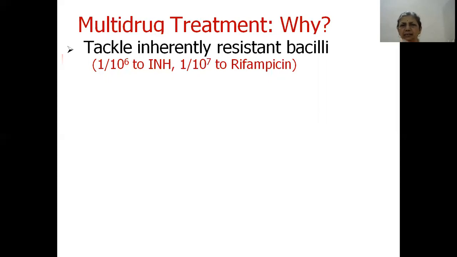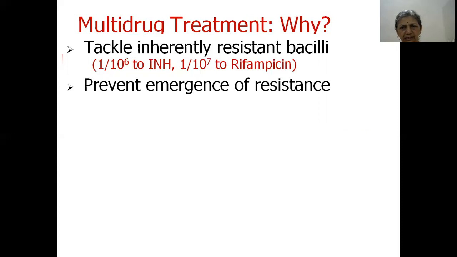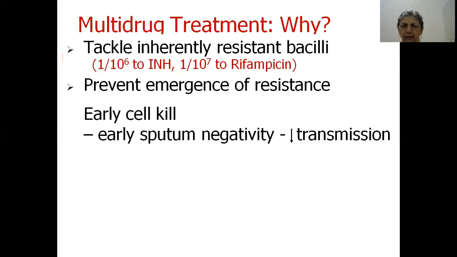But if we use multiple drugs, it is very unlikely that the same bacterium is resistant to INH as well as rifampicin. So if you use multiple drugs, we can manage to eliminate even these inherently resistant bacteria by the use of the other drugs. So we are able to prevent emergence of resistance by using this multiple drug treatment. They also help to control emergence of resistance to each other.